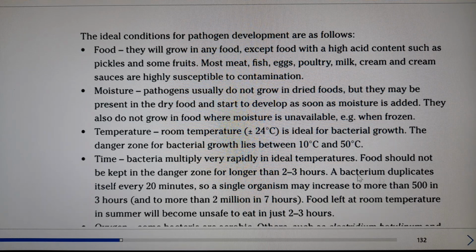A bacterium duplicates itself every 20 minutes. So a single organism may increase to more than 500 in 3 hours and to more than 2 million in 7 hours. So food left at room temperature in summer will become unsafe to eat in just 2 to 3 hours.